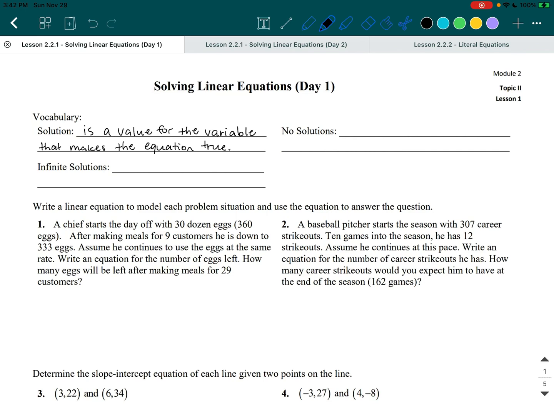There's also a situation called no solution. If you see no solution, that means there is no value for the variable that makes the equation true.